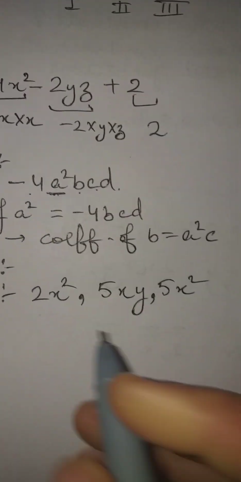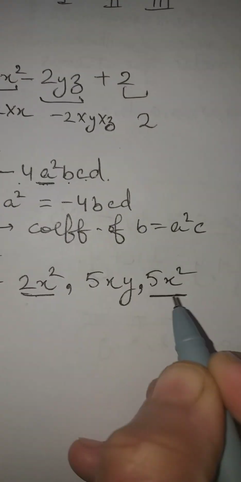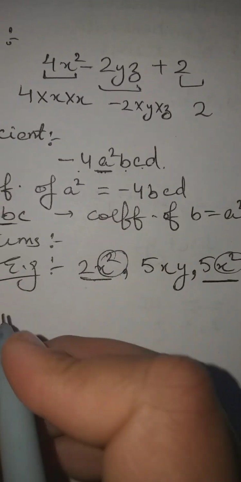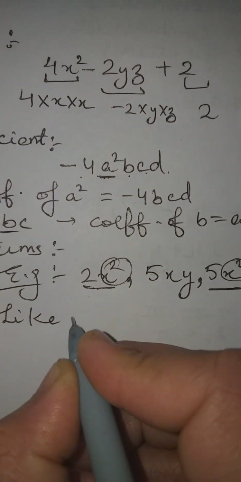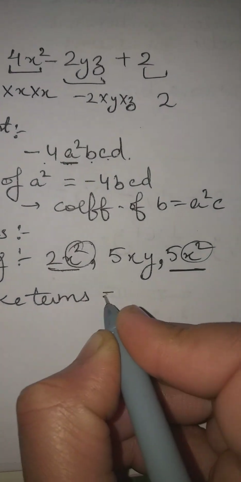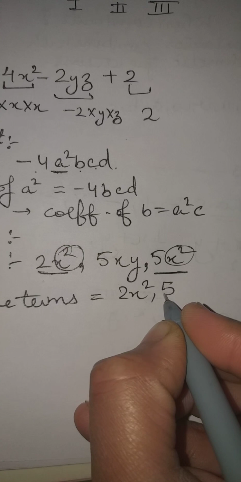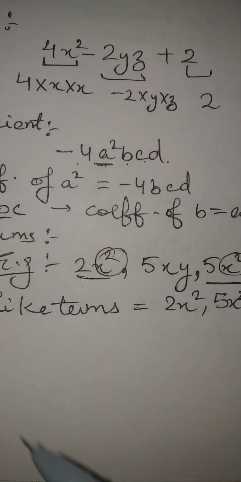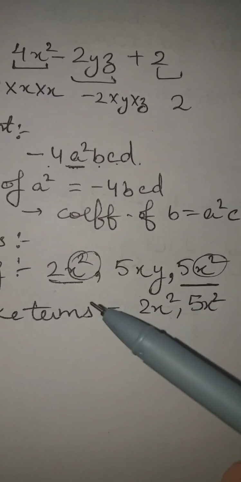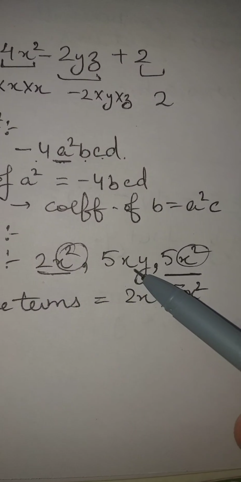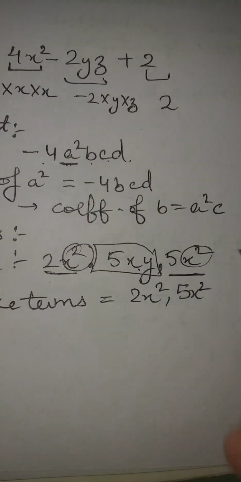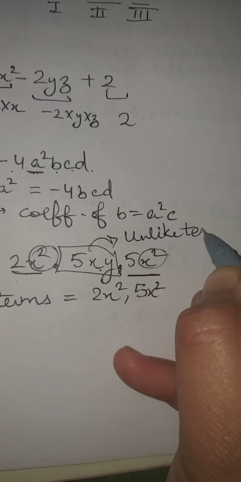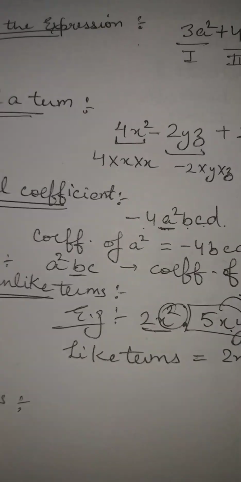This term and this term are like terms, because the x square here and the x square over here are the same. So the like terms are 2x square and 5x square. Apart from these, the other term is not similar to them, so this term is an unlike term. I hope you understand like and unlike terms.